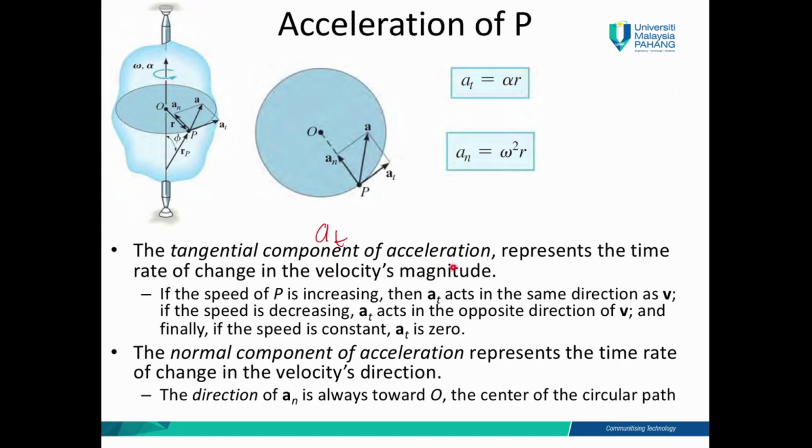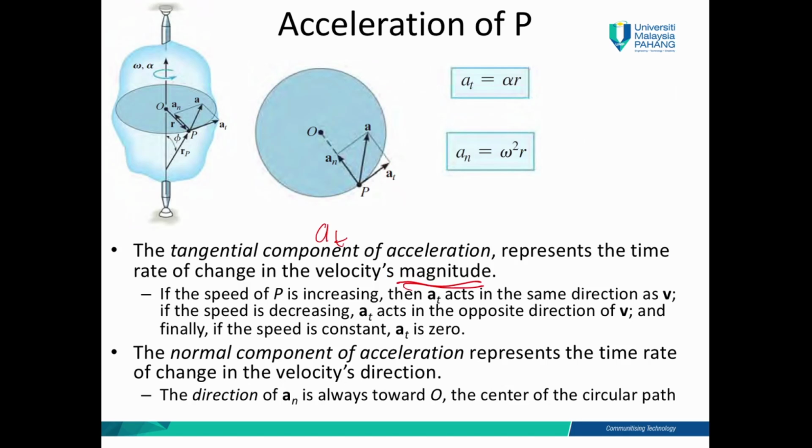Meaning if the speed is increasing, then AT will act in the same direction as your V. If the speed is decreasing, meaning you have a deceleration, AT will be acting in the opposite direction of V. If V is constant, then the value of AT will be 0. So it represents your change in magnitude for your velocity.